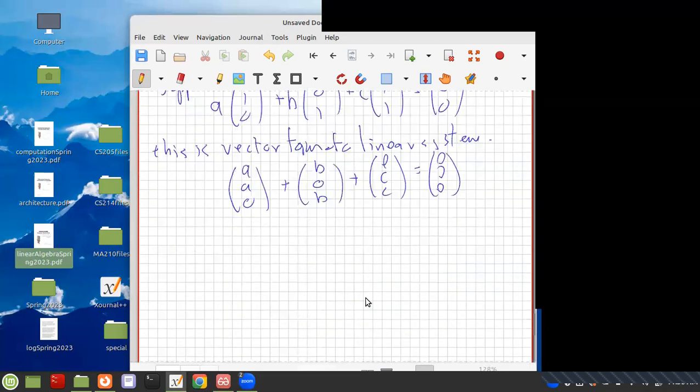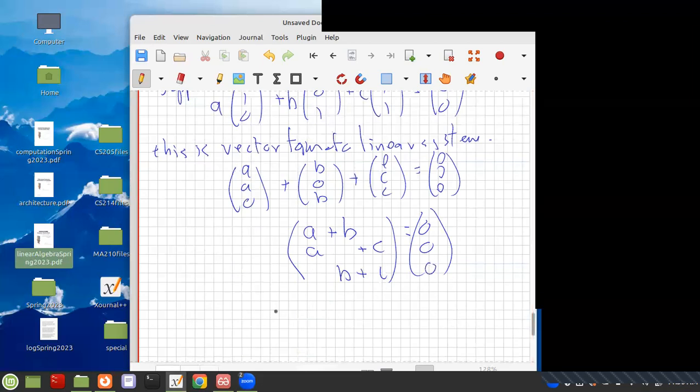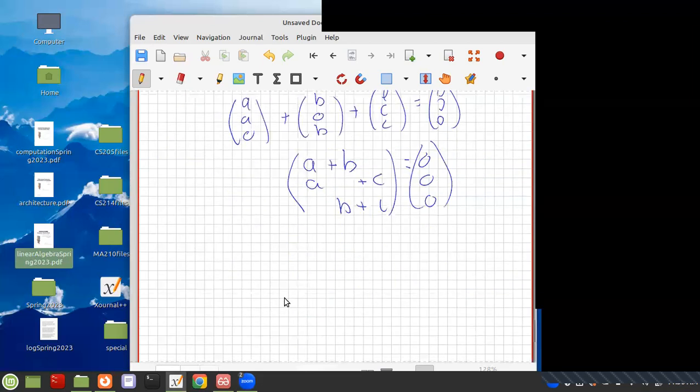Now, if I add those together, I'm going to get A plus B equals 0, and A plus C equals 0, and B plus C equals 0. And that's going to give me three equations, right? A plus B equals 0, A plus C equals 0, and B plus C equals 0.